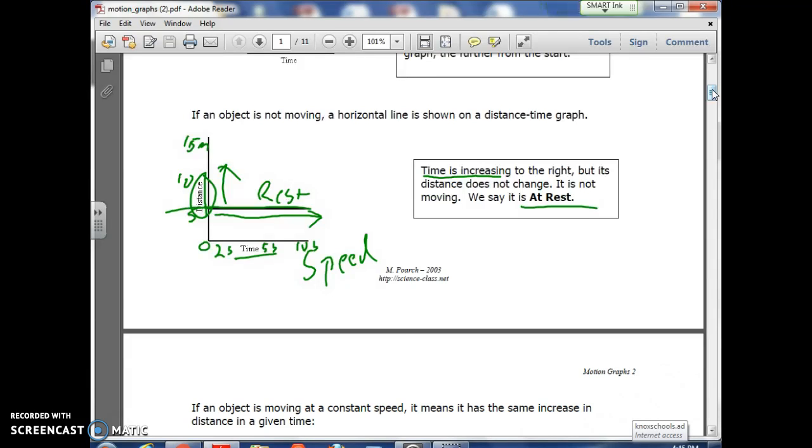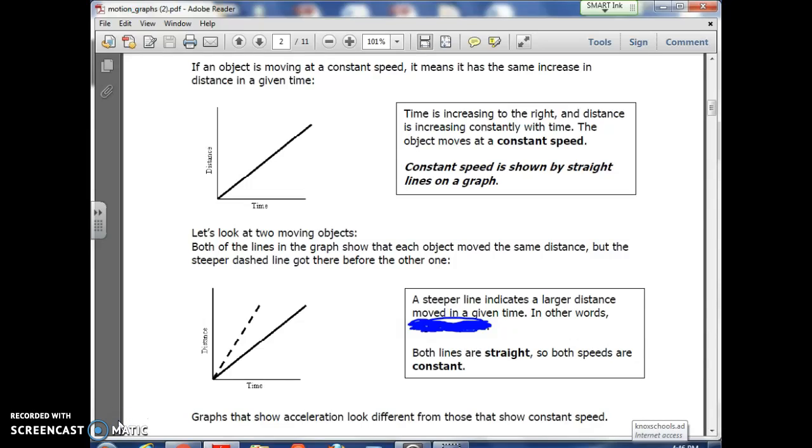We're going to flip to the next page. So we flip the page over, looking at the first graph right here on the next page. This time, the distance is doing what? Well, it's increasing, and the time is increasing.